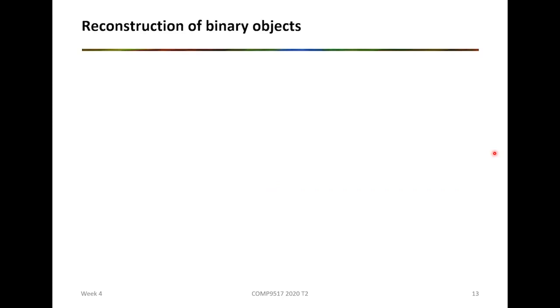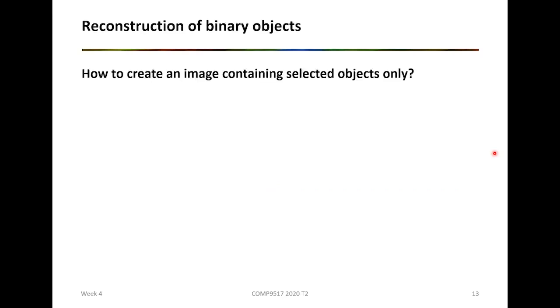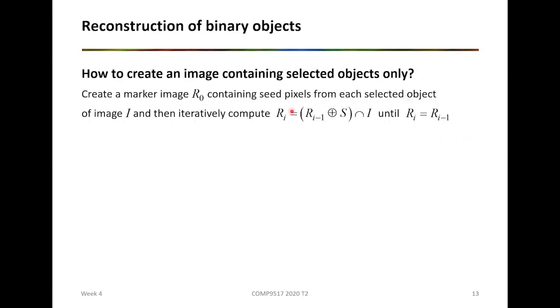Another thing we can do is called reconstruction of binary objects. How do we create an image containing only the selected objects? Let me explain in words how this algorithm works. You create a marker image called R0 containing the seed pixels from each selected object of an image I, and then we iteratively compute Ri, where i is the iteration number.